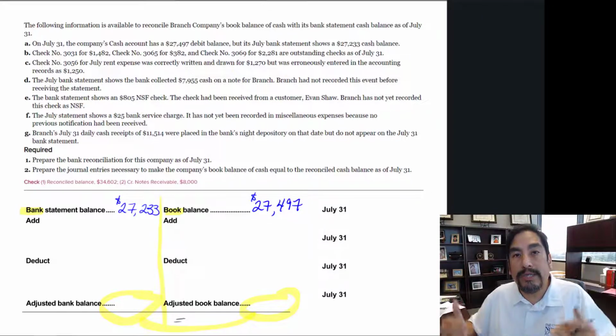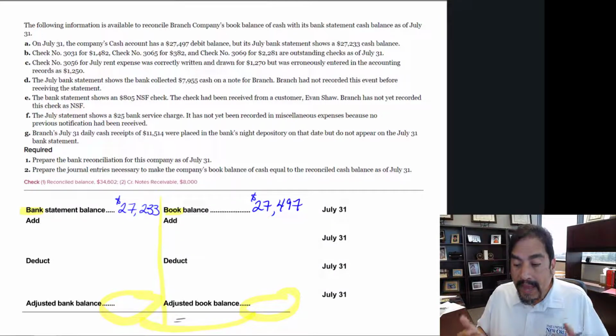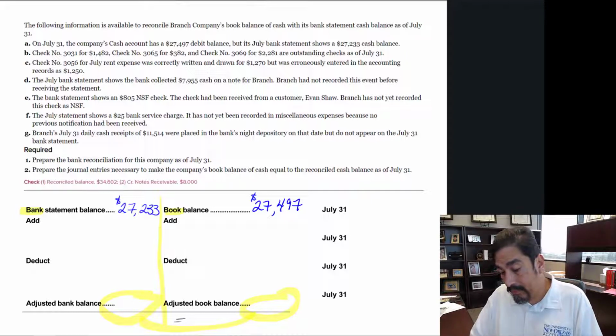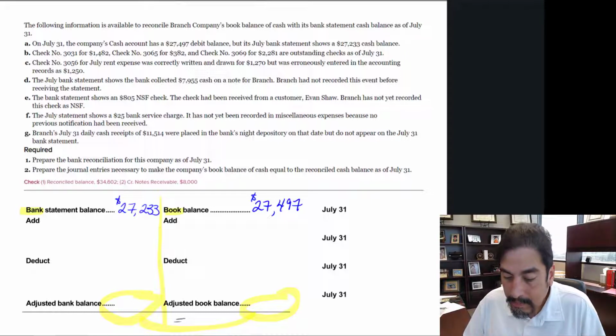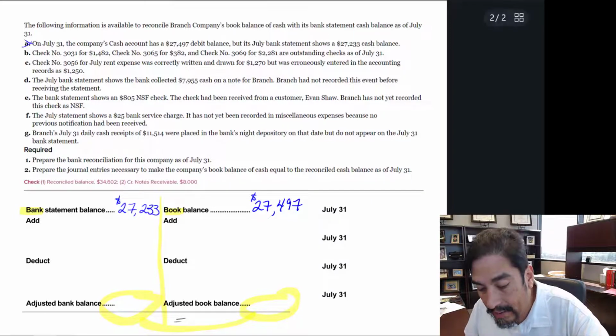Instead, we make adjustments to get a third number, and then the bank reconciliation reconciles that third number to each other to make sure the two different calculations of that third number equal each other. It can happen that our bank statement balance and our book balance are the same from the start, but it's not very common. Okay, so I've got A out of the way.